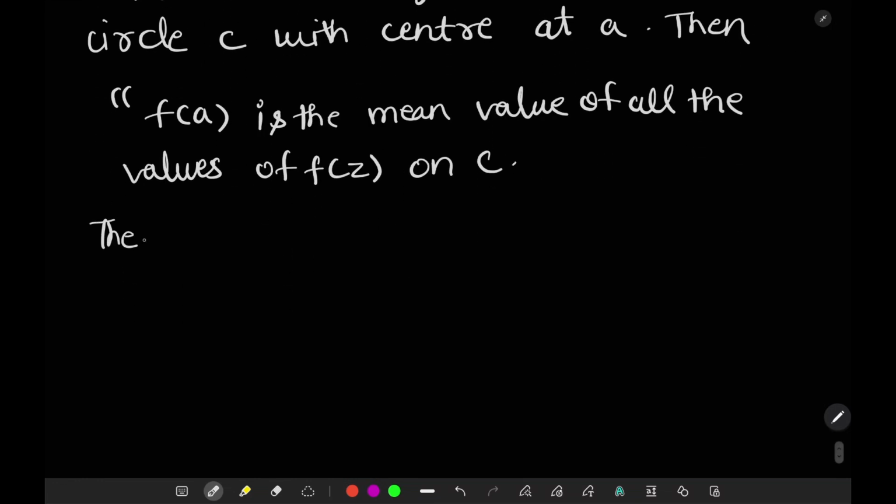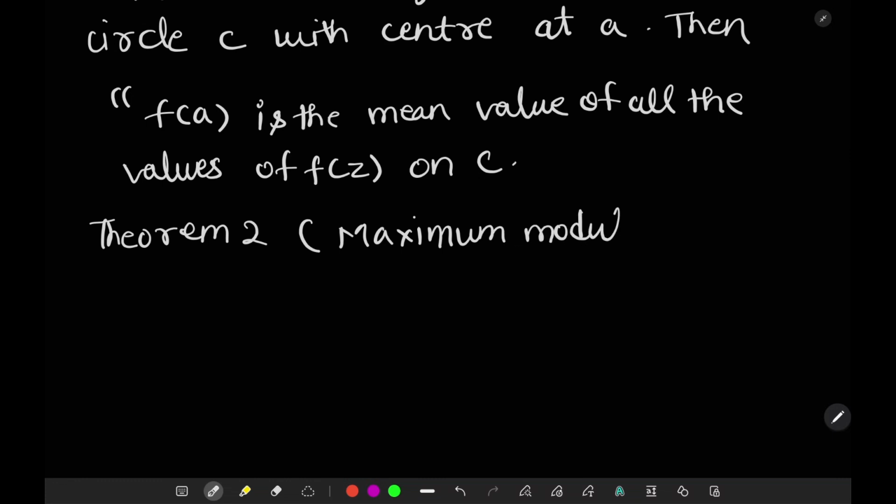Now theorem 2, this is called the maximum modulus theorem.